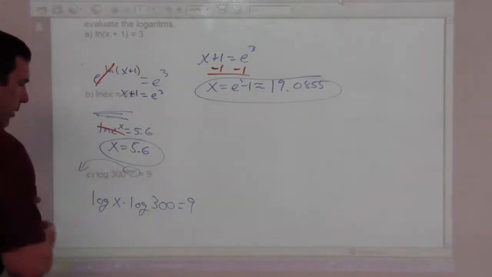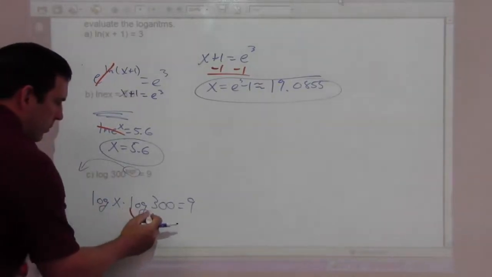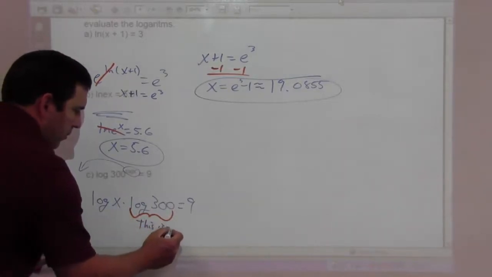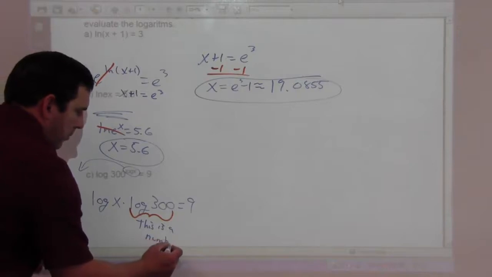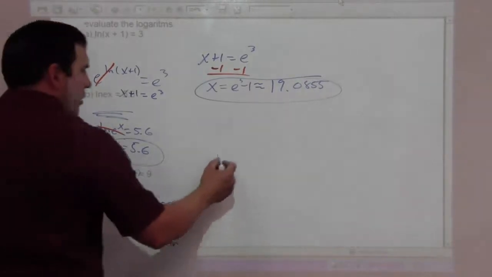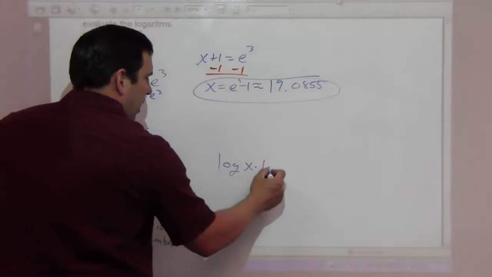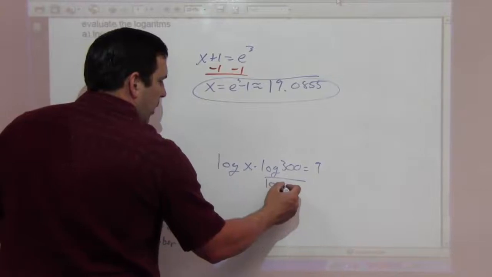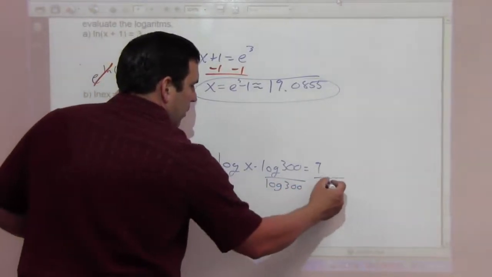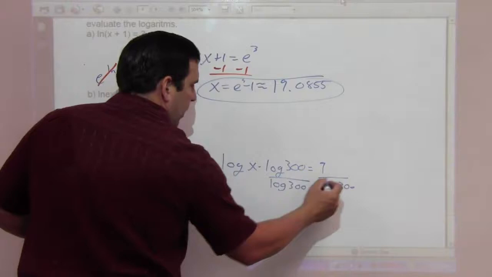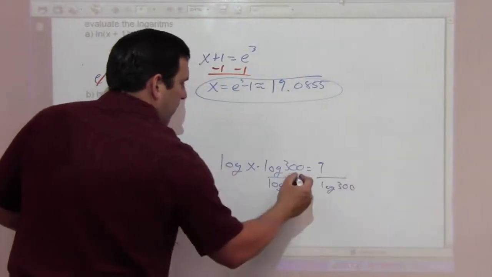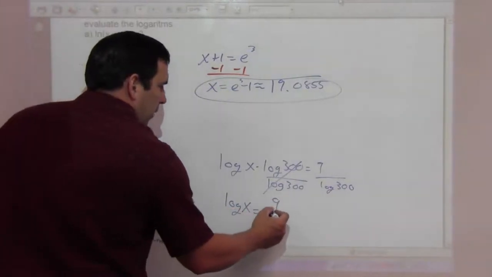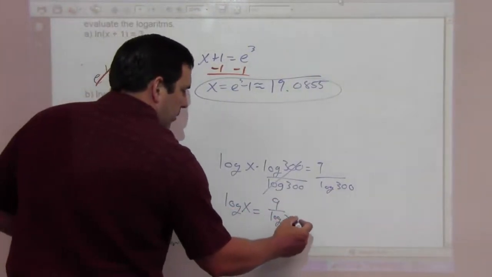Now, common log of 300 is just a number. It's just a coefficient. So you can divide both sides by the common log of 300. That's something you can just get from your calculator if you wanted. That divides out. So common log of x is 9 over common log of 300.